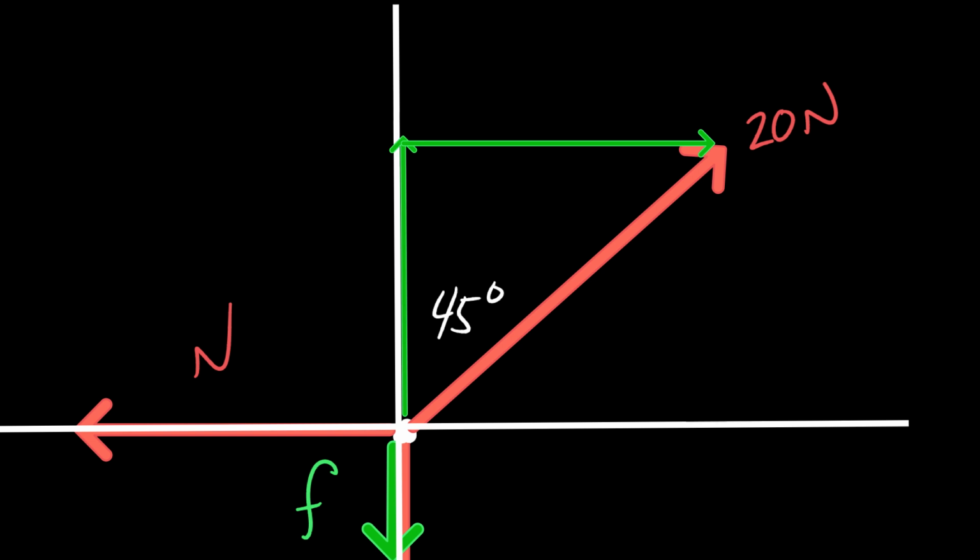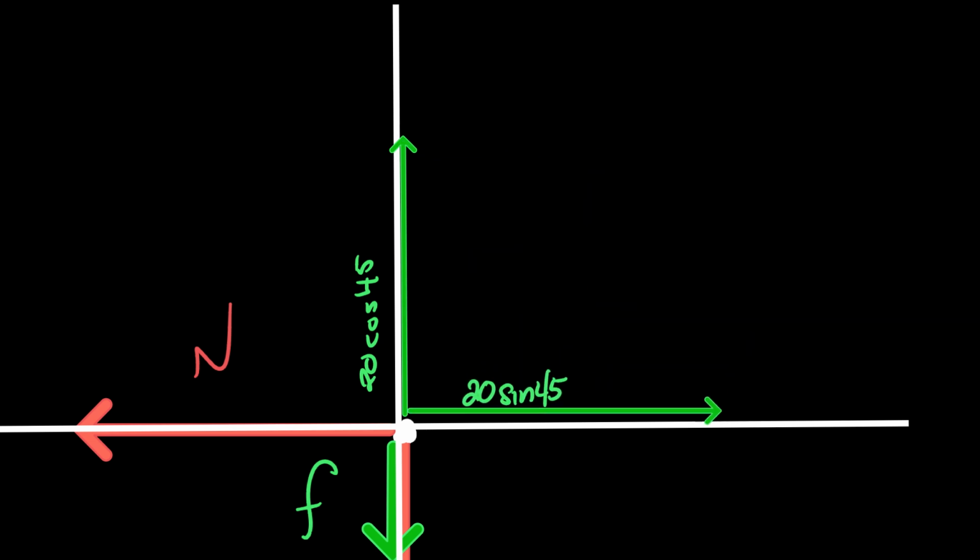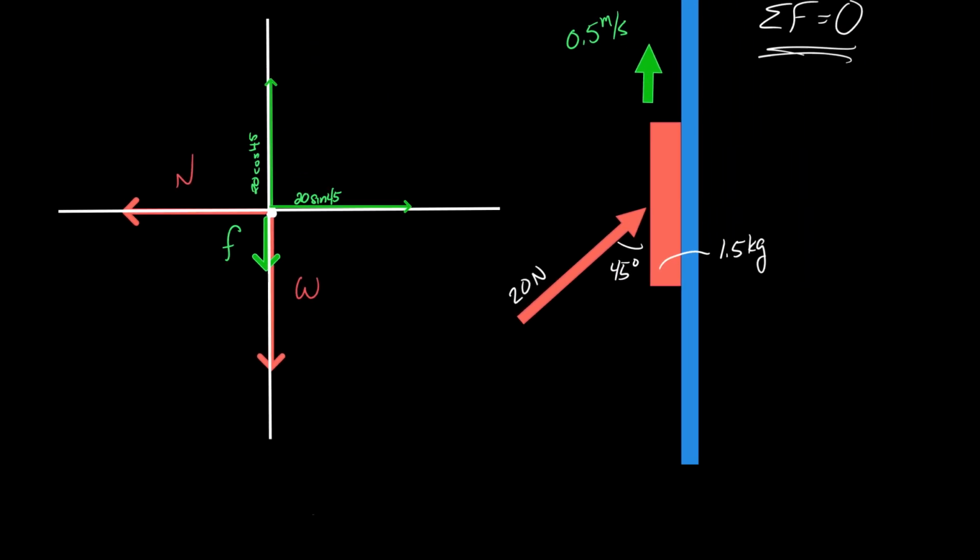And let's see, this is going to be 20 cosine 45. This one will be 20 sine 45. And once we've done that, we no longer need the original one that was there. It was just there long enough to get us our components. Boom. Now we have a whole bunch of one-dimensional forces.